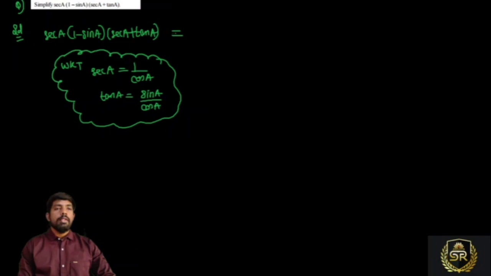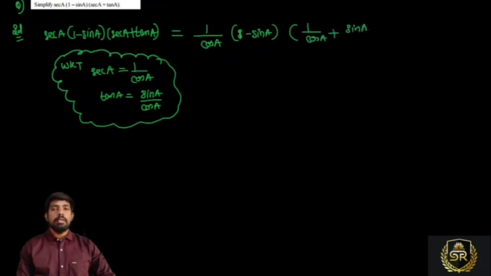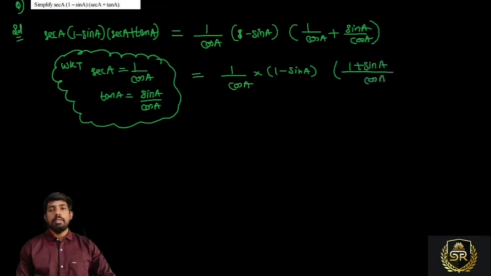So here secant a can be written as 1 by cos a, into 1 minus sin a, into secant a written as 1 by cos a plus tan a written as sin a by cos a. So 1 by cos a into 1 minus sin a into, here the LCM is cos a, so 1 plus sin a by cos a.